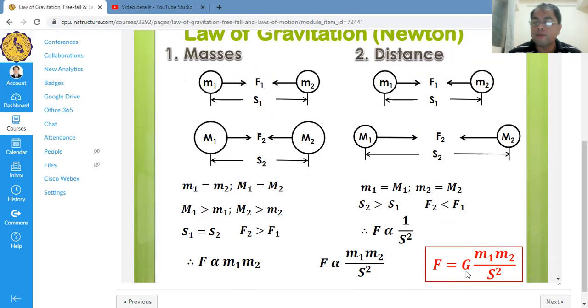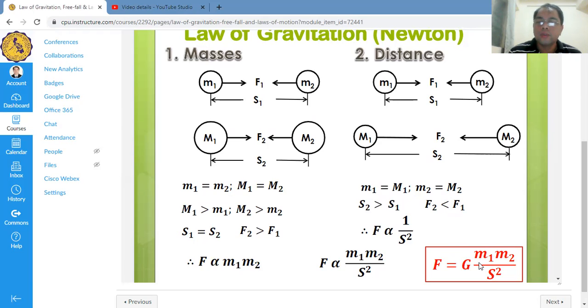You can find this value in some other slides that we have here in our Canvas. So again, the force is directly proportional to the product of the masses of the two objects divided by the distance between them. So that's how the law of gravitational attraction is determined.